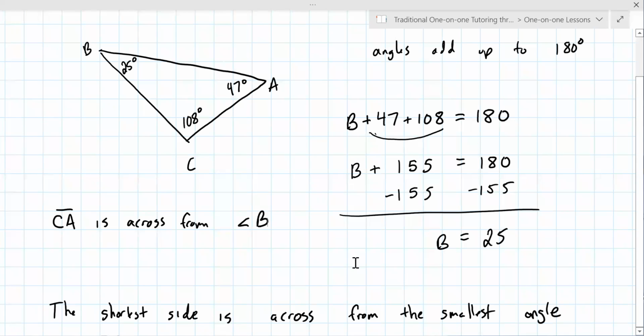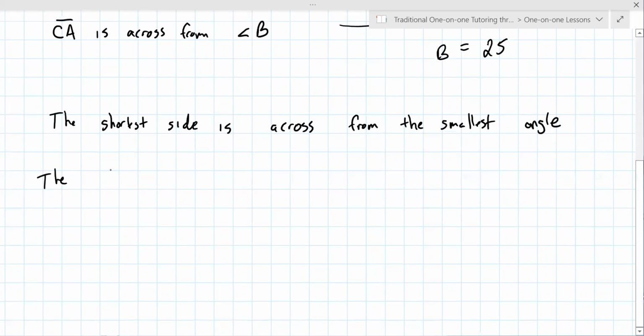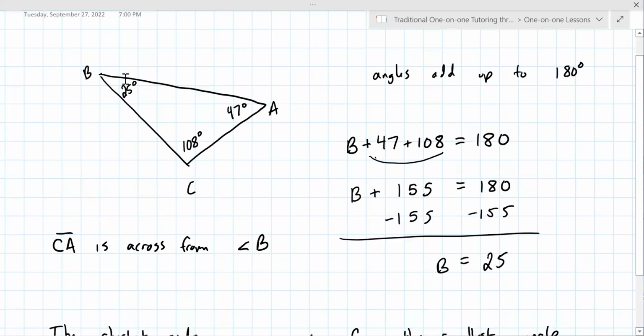Okay. Now, the longest side is across from the largest angle. Which is the largest angle in the triangle?